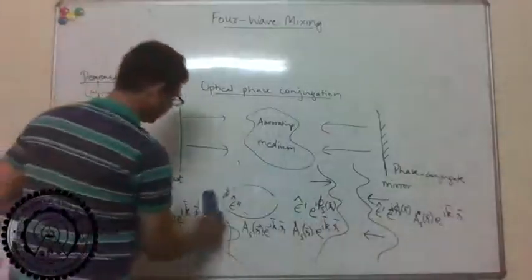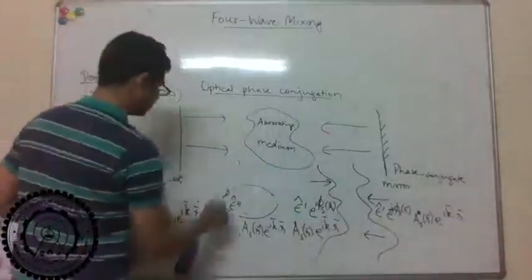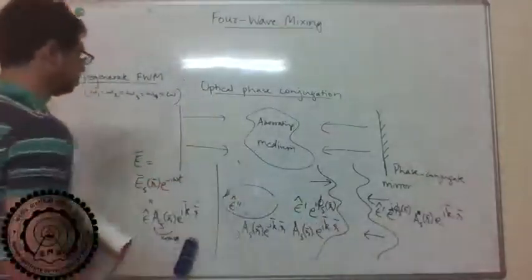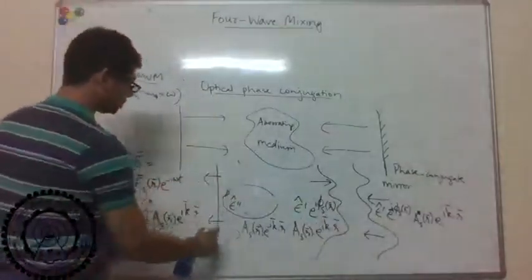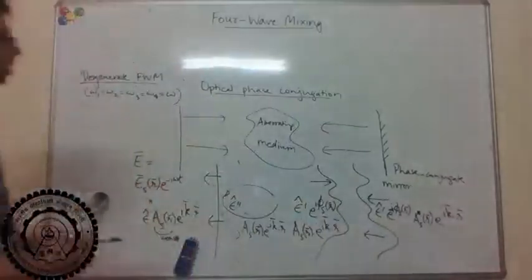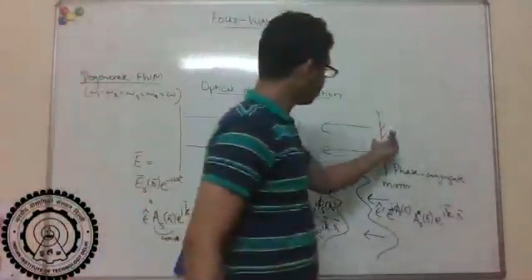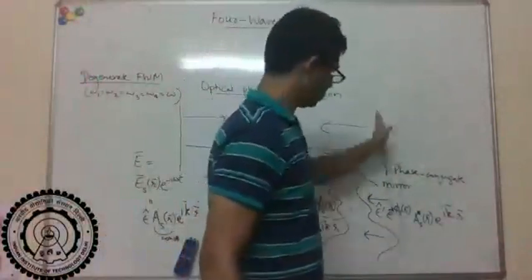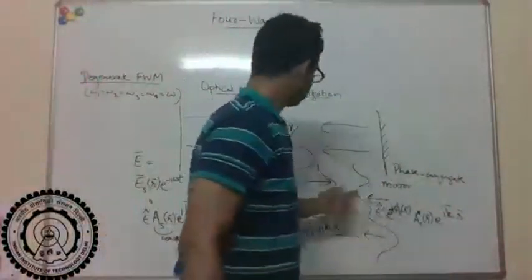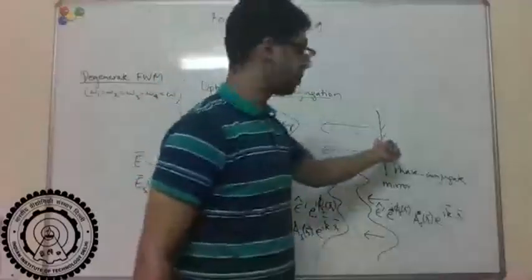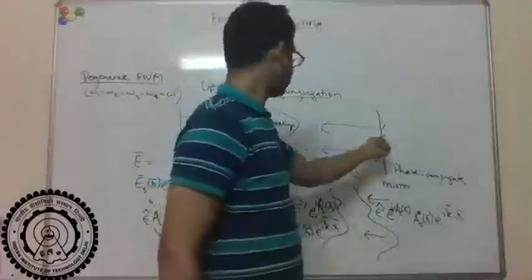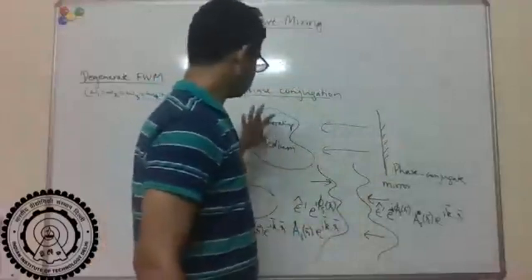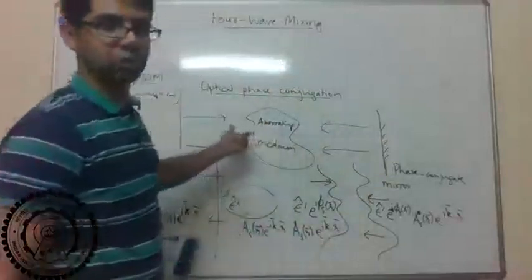Okay, and basically I have eliminated my phase distortion and I get my plane wave back. Okay, so basically if I could take the conjugate of my phase profile here, after one pass through the medium, if I could take a phase conjugate and then pass again, then that nullifies the effect of the turbulent medium.